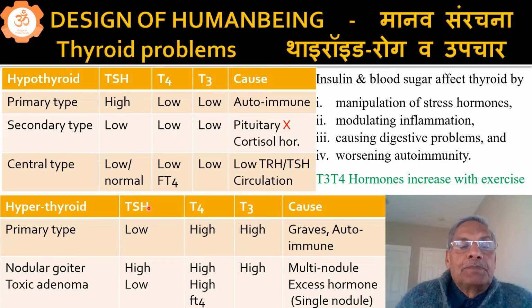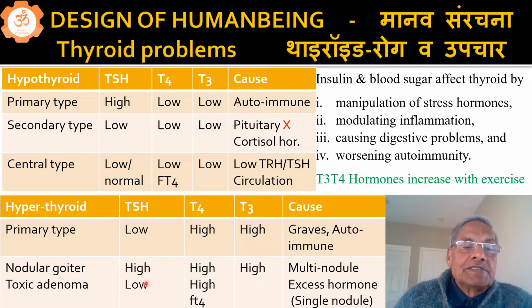Now what is hyperthyroid? Hyperthyroid, as we have already discussed, is when both thyroid hormones T4 and T3 are high in the blood, while TSH is low. Then it is primary. You can also consider it an autoimmune disease, a Graves type autoimmune disease.